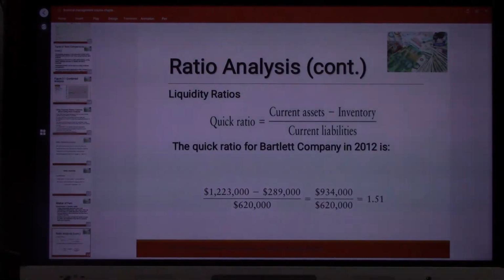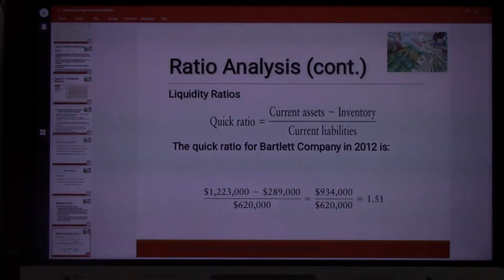If you look at this, you will see that inventory is an asset that is less easily converted into cash. You will need a lot of time to convert this inventory into cash. This is why most of the studies recommended that if you would like to assess short-term liquidity in an accurate way, inventory must be excluded from the current assets, and this gives us what we call the quick ratio.